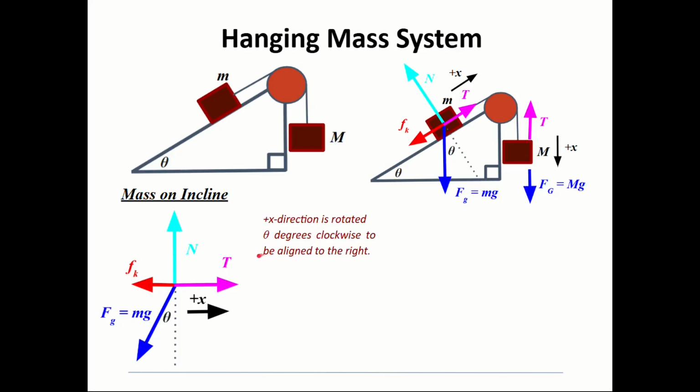In fact, all these forces have been rotated theta degrees clockwise. So tension's kind of obvious in a way. The gravitational force as well has rotated theta degrees. Friction and normal force as well have rotated theta degrees.